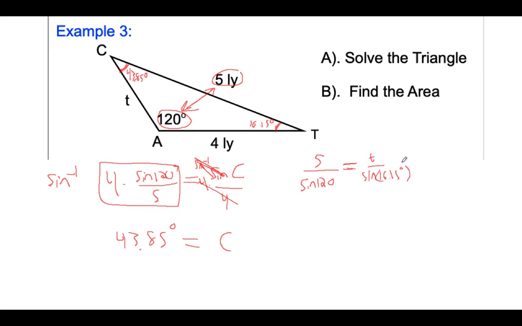All I have to do is multiply this number over and plug it into your calculator. So t equals sine of 16.15 times 5, divided by sine of 120, and t is about 1.61 light years, I don't know, 1.61.